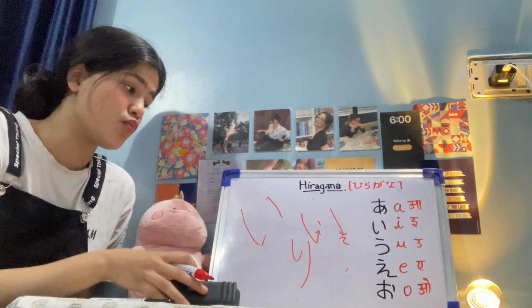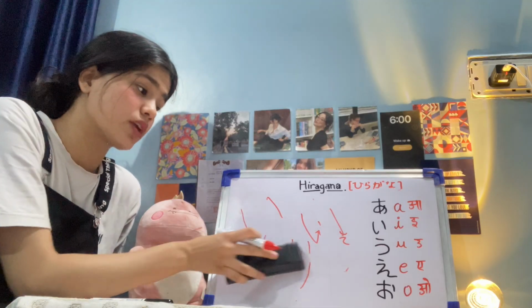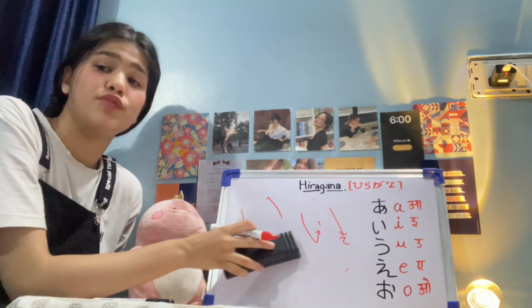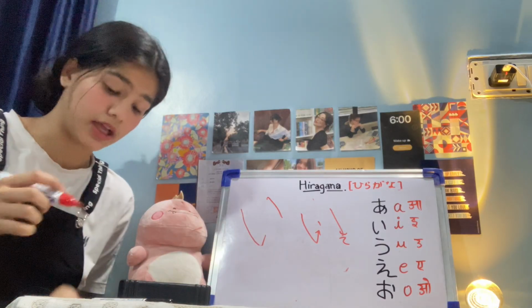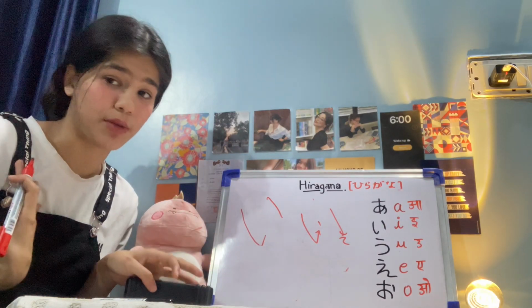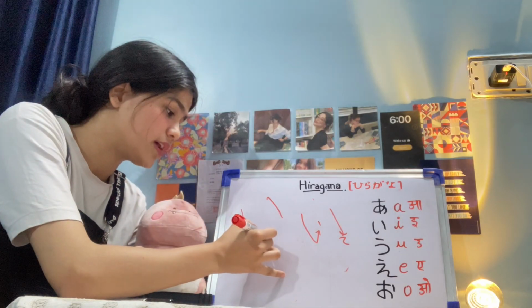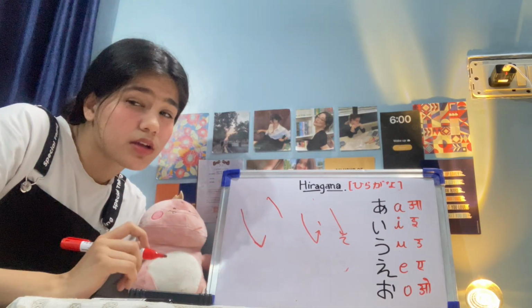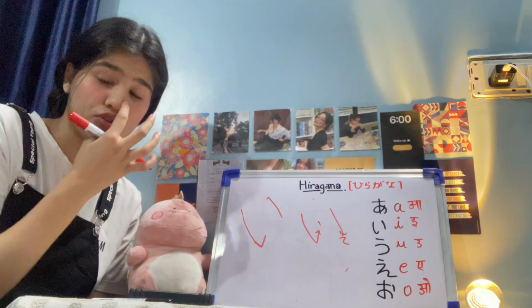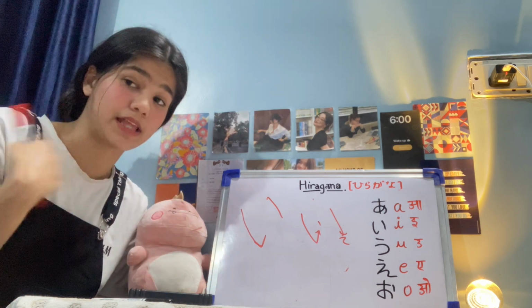But if you don't write it the exact way, it will be confusing for you and the person reading your Japanese. It happened in my Japanese exam. I gave a test and my sensei was like, isn't that re? Because I used to make E as re. So you don't have to make the same mistake that I did.